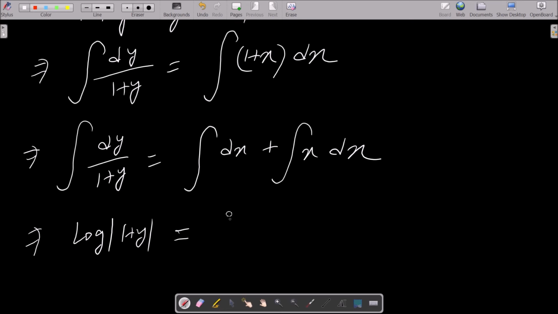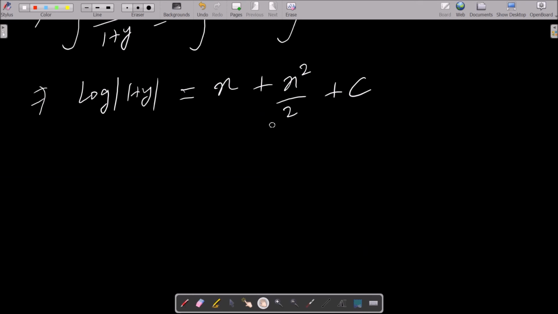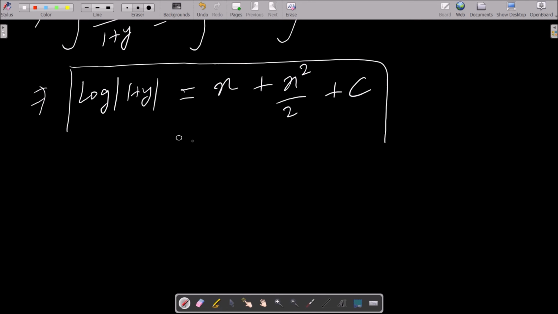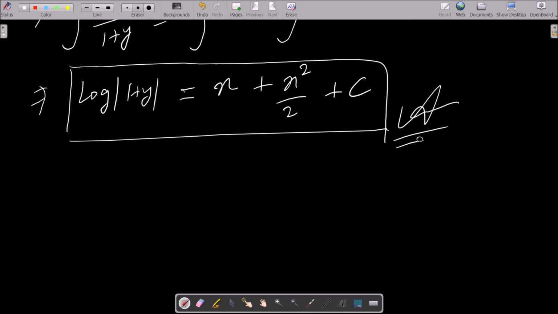Then the next is dx integration is x, and x integration is x square by 2, and c is the constant. So I think this is the final answer of this differential equation. So this is the general solution of this differential equation.